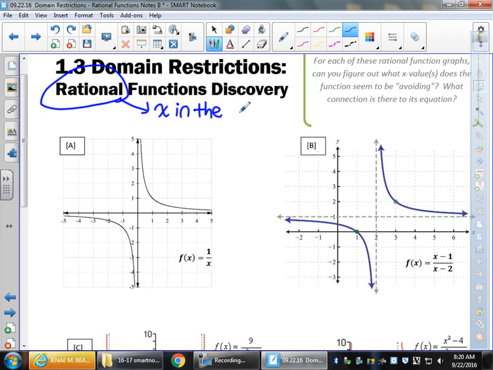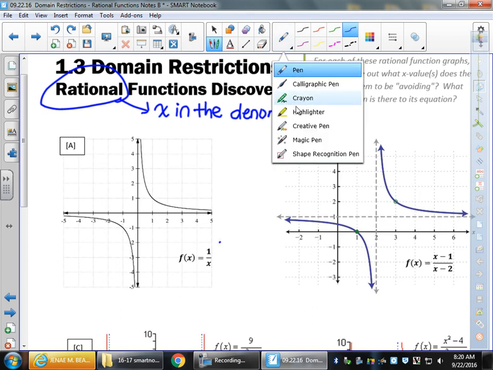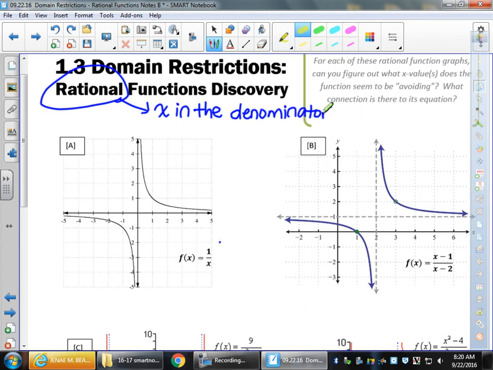This is important. X will be in the bottom, and it's going to mean something. So rational functions, rational means x is in the denominator. It's going to be part of our stamp for tomorrow, so remember this. Rational, x in the denominator.